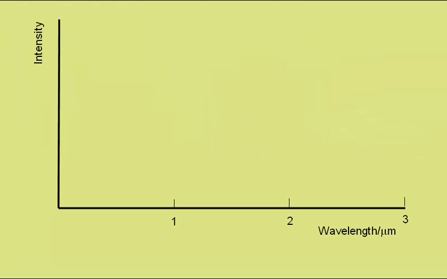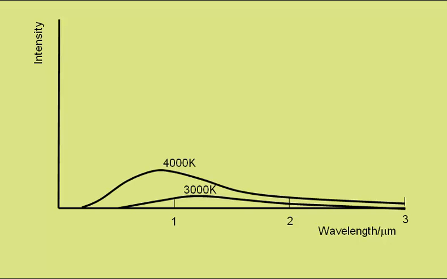Now for a clearer comparison, I'll plot the lines of intensity against wavelength for black bodies at several different temperatures on the same axes. Starting off with a line for an object at 3000 Kelvin. The 4000 Kelvin object has an overall higher line, it gives out more radiation, but it also peaks at a shorter wavelength.